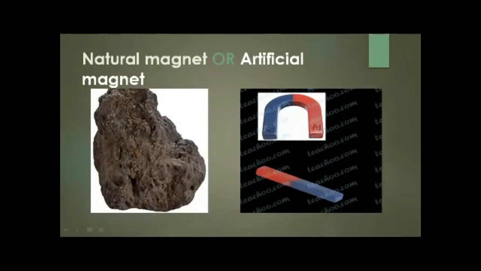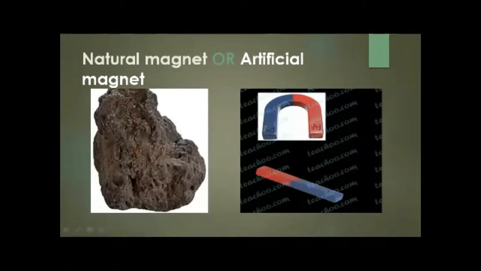So natural magnets are weak and shapeless magnets, and the example of a natural magnet is magnetite. Magnetite is a gray-black magnetic mineral which consists of iron. Artificial magnets have a proper shape. You can see the picture on your screen.